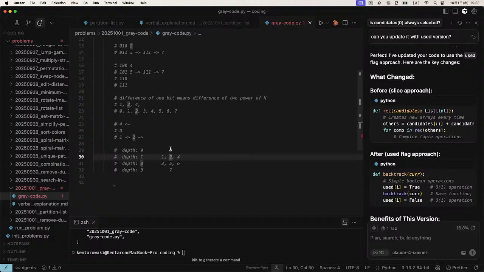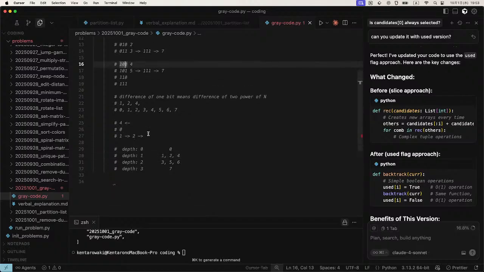How about this? 0 to 4. 3, 4, 3 is not good. I see. There is a restriction.